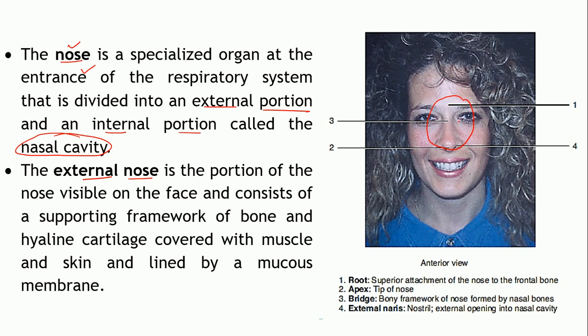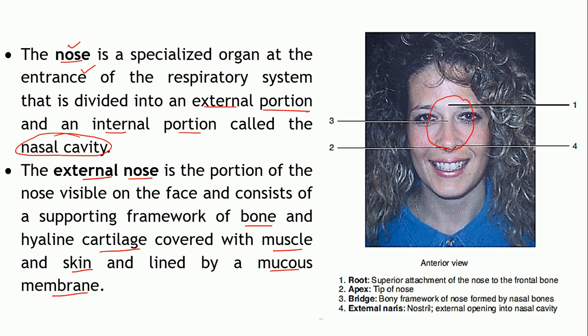This will comprise a framework of bone and cartilage. These will be covered with muscles and skin externally, and internally it will be lined with the mucous membrane.